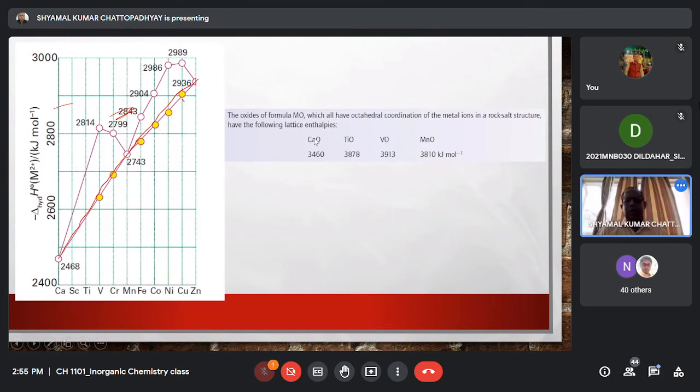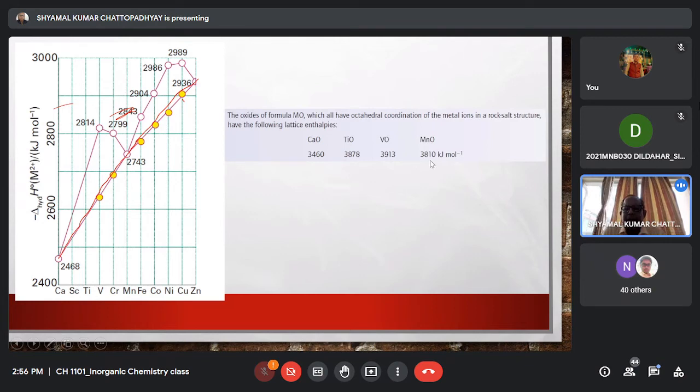But in reality, the values are 3460. It increases hugely from D0 to D2. D2 to D3, it increases slightly, and for D3 to D5, you see the lattice energy falls.